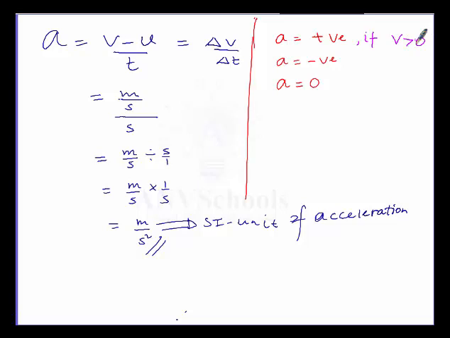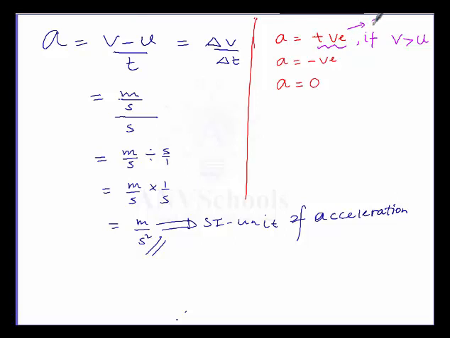So if the final velocity is greater than the initial velocity, then the value of acceleration will be positive, because v is greater than u, so the difference between a big number and a smaller number will be positive. So we will have a positive acceleration if the object is speeding up.